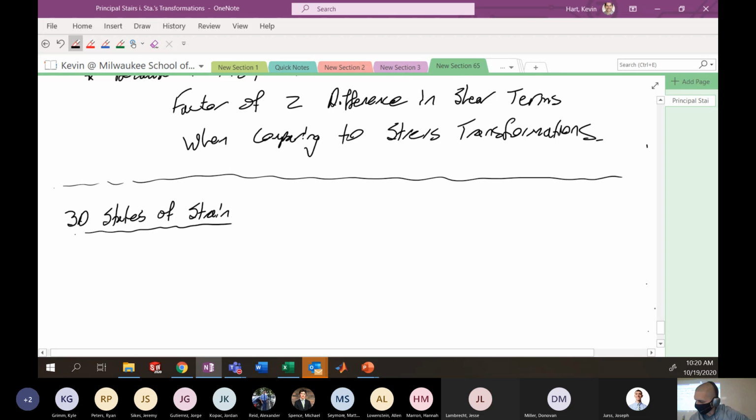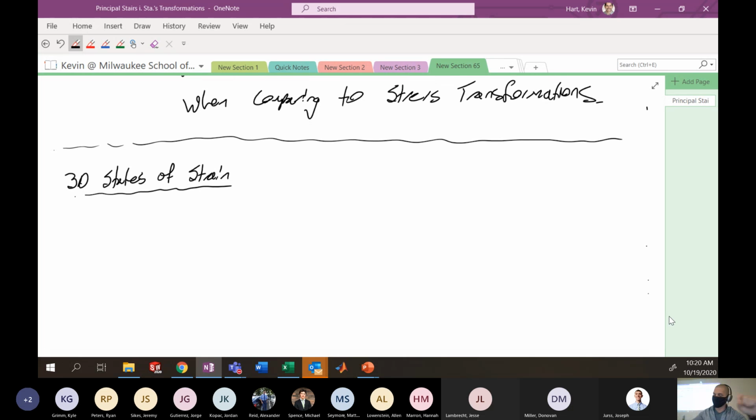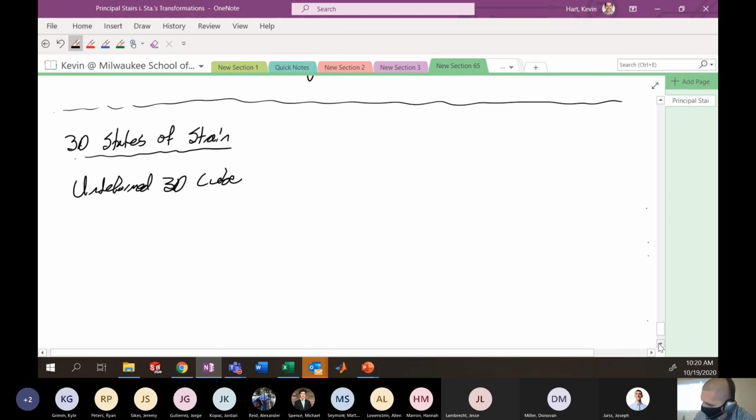So this class is all about going from 2D to 3D. So let's draw an undeformed 3-dimensional element. And that would look something like this.